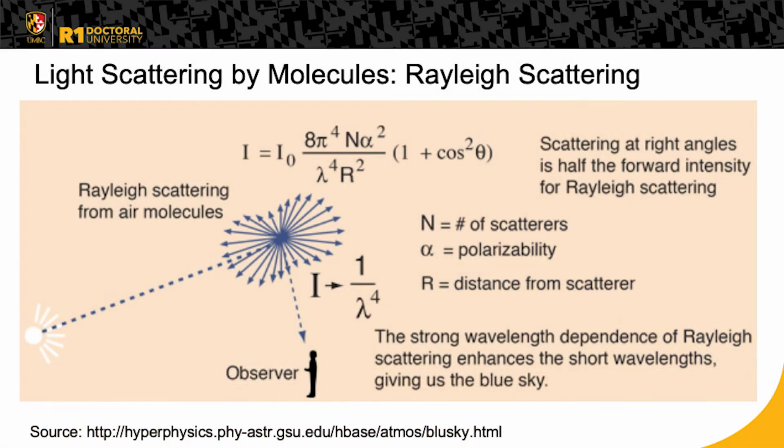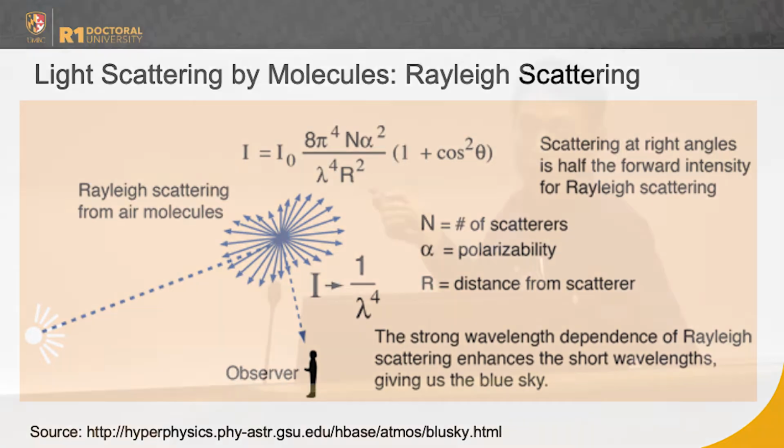Basically, it's symmetrical. The length of this vector tells you how strong the scattering is in that direction. So light coming here is scattered equally forward and backward, equally, and in the middle is a minimum.